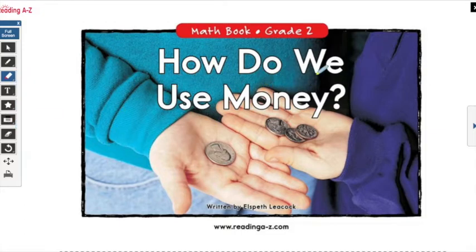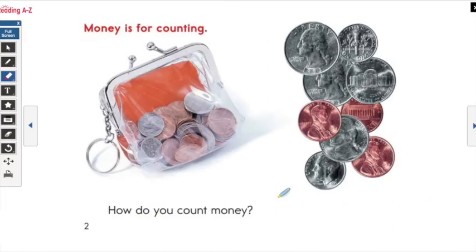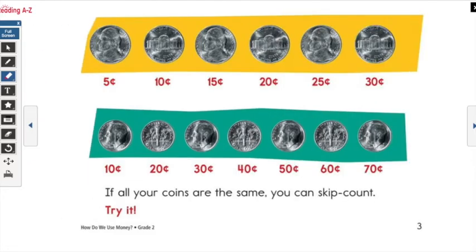How do we use money? Written by Elspeth Leacock. Money is for counting. How do you count money? If all your coins are the same, you can skip count.